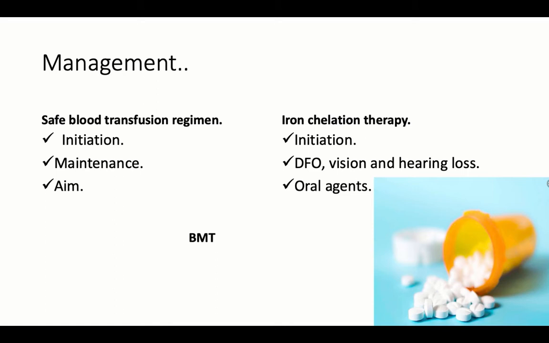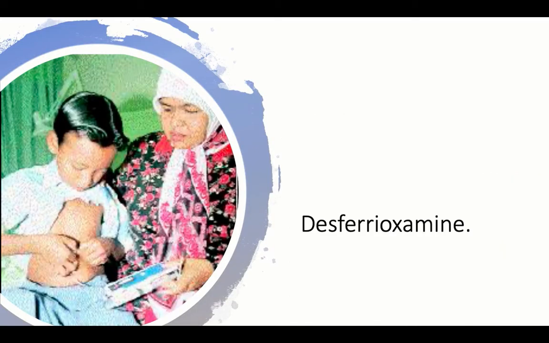We have two types of iron chelation, either oral chelators, which recently became widely used, replacing the desferrioxamine, or maybe both used parallel to each other. Desferrioxamine is taken as a subcutaneous infusion like this, using an infusion pump that is used overnight, about 12 hours a day, usually 5 to 6 nights per week.